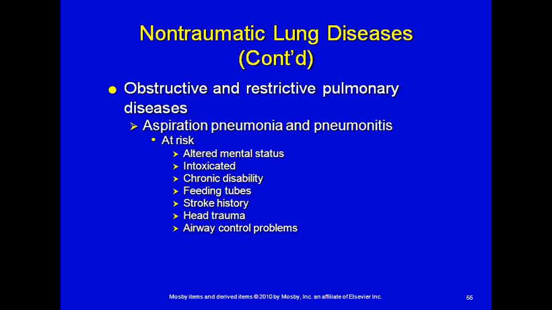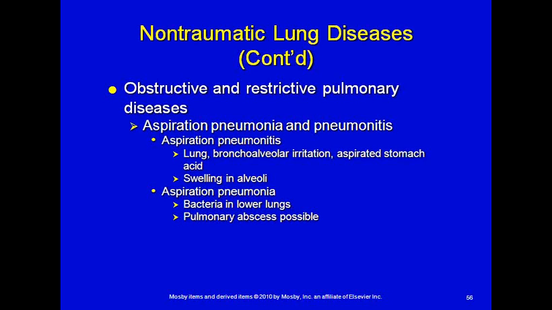That's one of the assessments they'll do on stroke patients: how well are they able to swallow, because often following a stroke it may affect their ability to swallow and put them at greater risk of aspiration. Somebody with head trauma, because of the altered mental status and the vomiting, and then anybody with an altered mental status who's unable to control their airway and has a presumed full stomach.